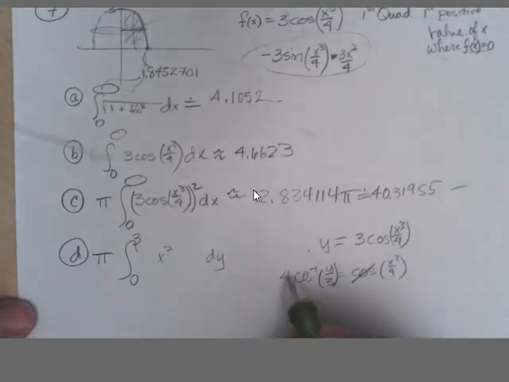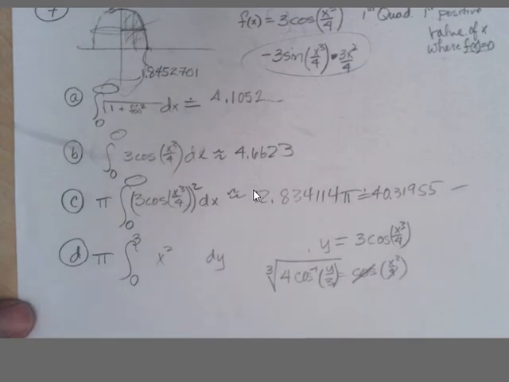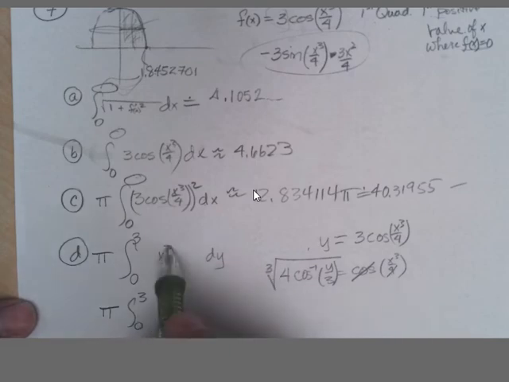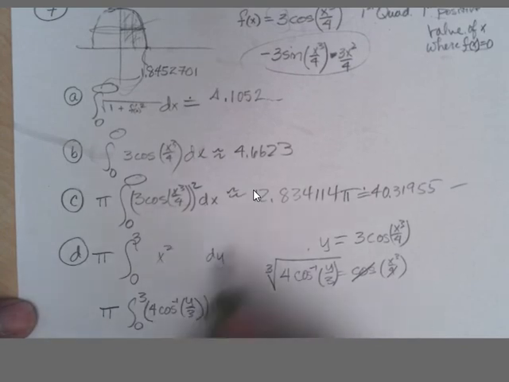Then I'd multiply by 4, and then I'd take the cube root, and then I'd square that. So I'd have pi integral from 0 to 3 of, so that's 1/3 squared is 2/3, 4 cosine inverse of y over 3, all of this to the 2/3 dy.